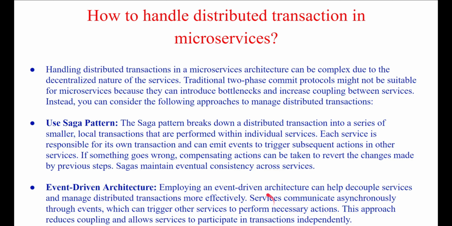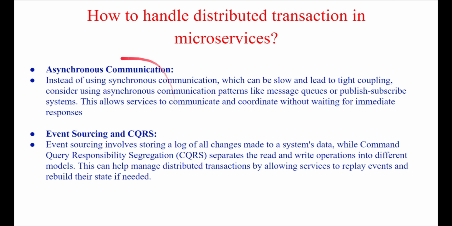But here also, whenever a failure happens, you have to have a compensating transaction to roll back. That is also the event-based publish-subscribe messaging queue, very similar to event-driven communication.